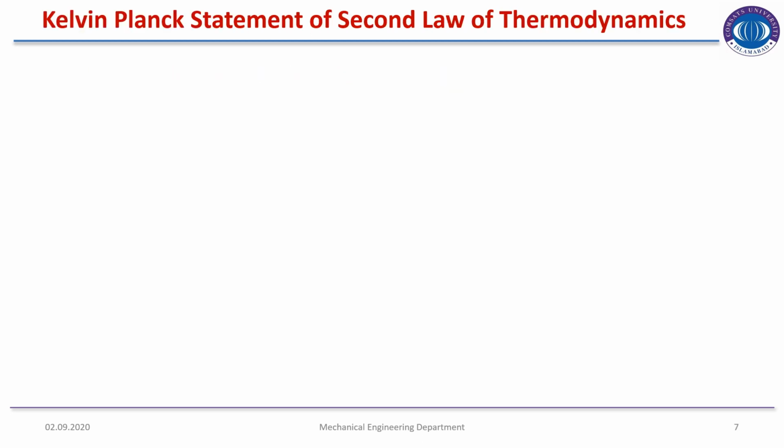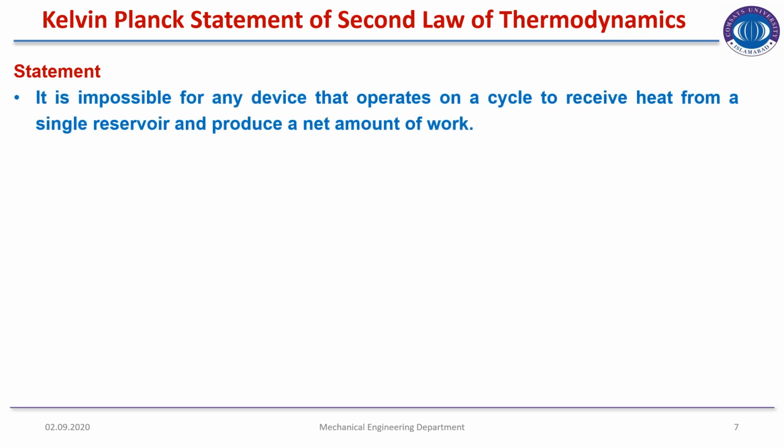Kelvin Planck statement of second law of thermodynamics. It is impossible for any device that operates on a cycle to receive heat from a single reservoir and produce a net amount of work.